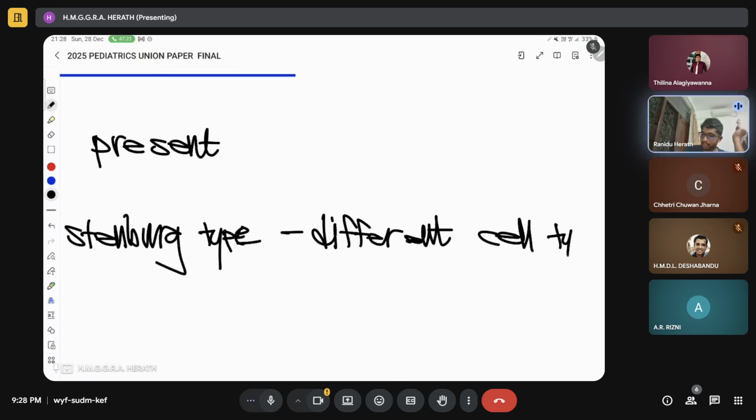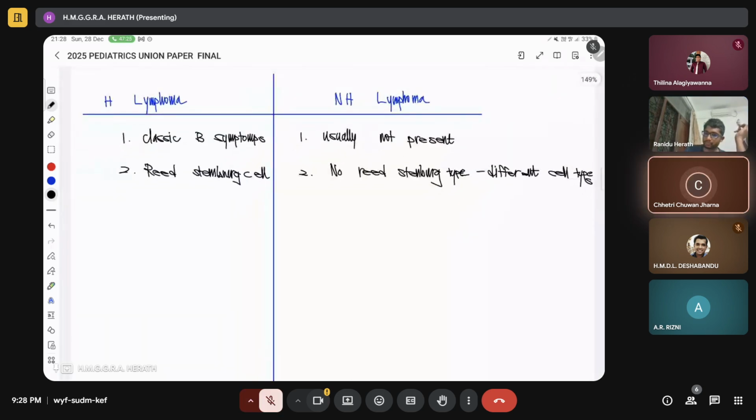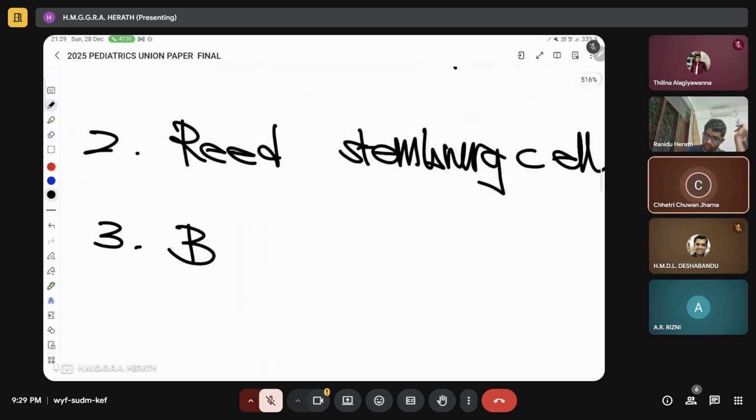Any other differences between these two? Hodgkin originates from B cell, almost always. And then non-Hodgkin, B cell, T cell. Yeah. You sure?